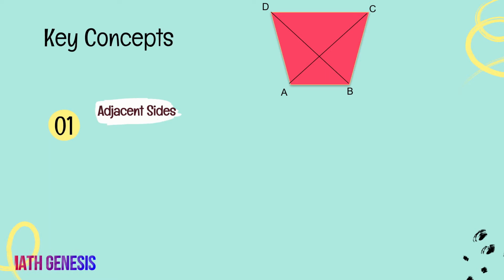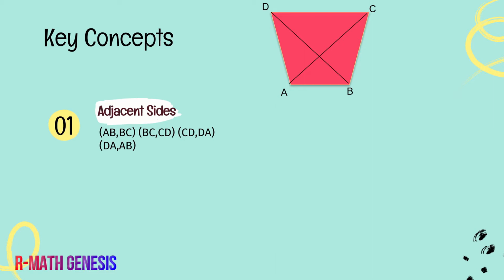So can you tell me what are the adjacent sides for this quadrilateral? AB and BC, BC and CD, CD and DA, and DA and AB. So these are the adjacent sides. Then what about the adjacent angles?